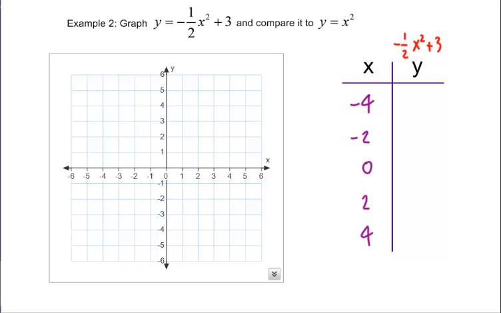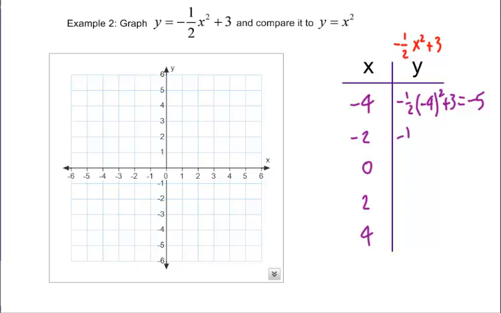So do these values and see what you get. Well, what you're going to end up with is -1/2 times -4 squared plus 3. So 16, positive 16, divided by 2, a -2 is -8. Okay, -8 plus 3 is -5.